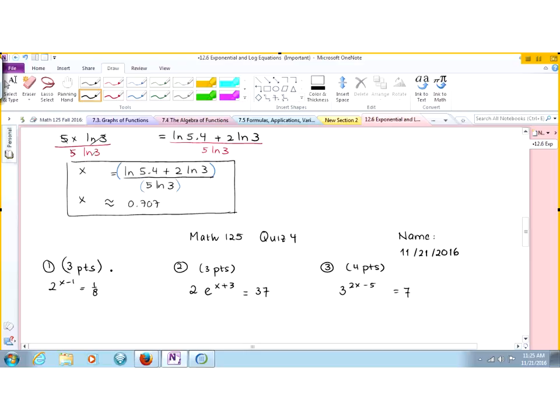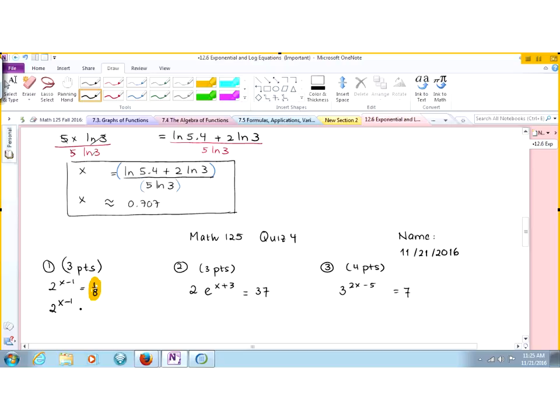So you could actually write them using the same base, right? How do you write 8 using base 2? 2 cubed, that's 8. But what about 1 over 8? 2 raised to the negative 3.